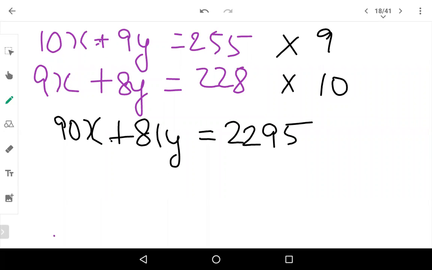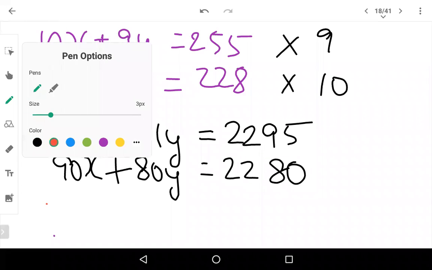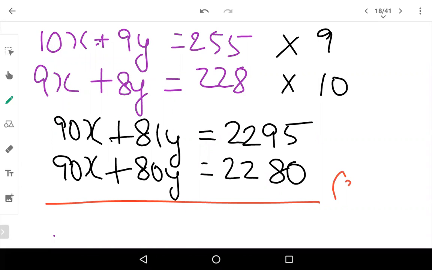Then second equation, 9x into 10 is 90x plus 80y is equal to 2280. So we have to subtract the equations. For subtracting equations, we have to change the sign. Plus will become minus, minus will become plus.